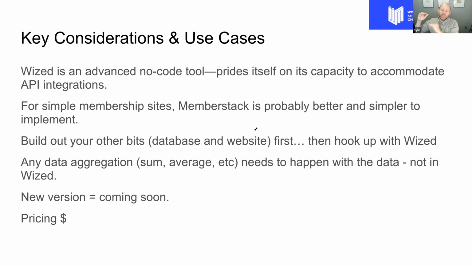So if you want to do any calculations on your data, any aggregate, sums, averages, anything like that, you need to do that with the data. And then you pull that in, and Wized can show it: you set up a new resource or a new request. Wized pulls that in, and now you've got your average for how much your average motorcycle costs, right?